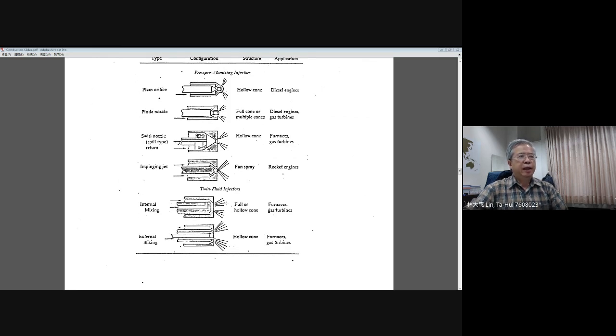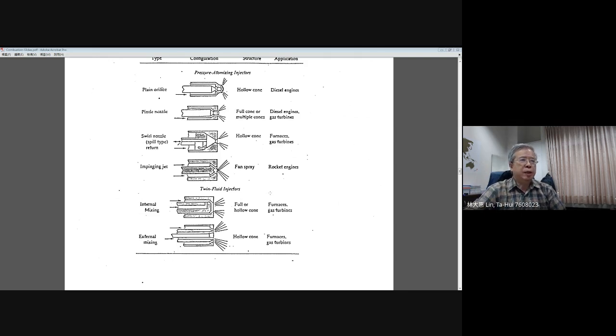Then there are two types of so-called twin fluid injector. Twin fluid, as I mentioned, means one fluid that basically refers to the fuel itself, and the other one is the assist fluid. Sometimes you can use air, sometimes you can use steam.